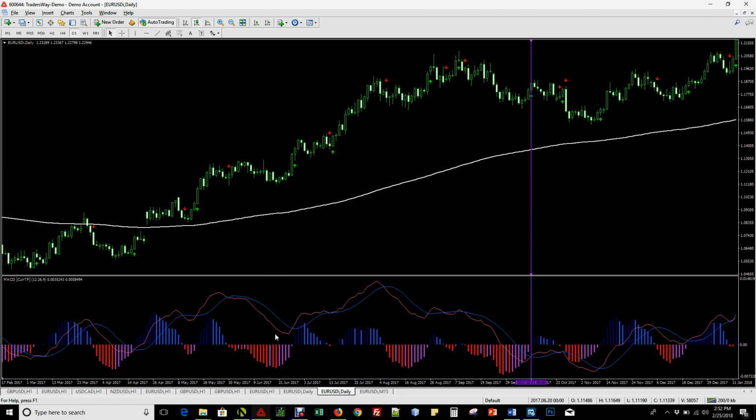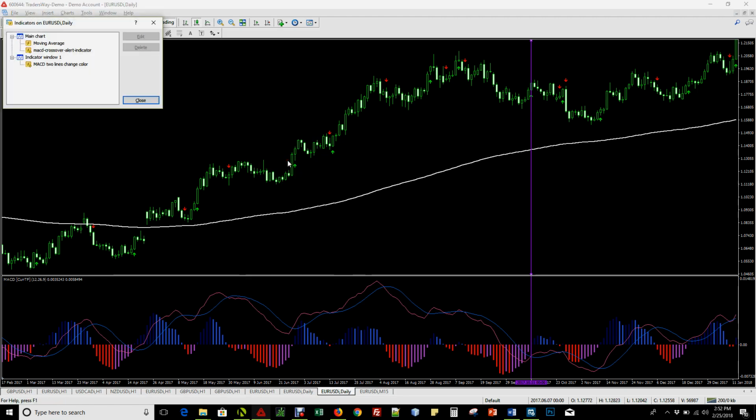If we right click and go to the indicators list, we have the MACD two lines change color, which is this indicator down here. We have the MACD crossover alert indicator, which are these little arrows. Every time there's a crossover is when these arrows paint, and like I said, they do not repaint.